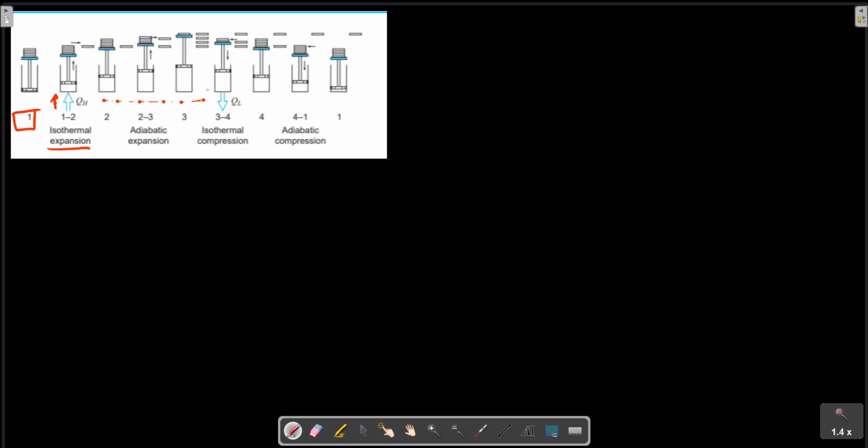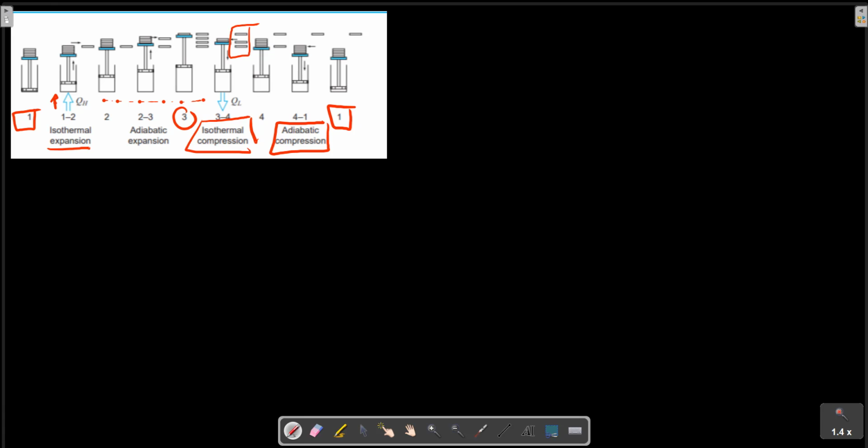Next we remove the masses to this point. After that we can add the masses and start a reversible isothermal compression, which goes to the initial case. In this case we also have a Carnot cycle.